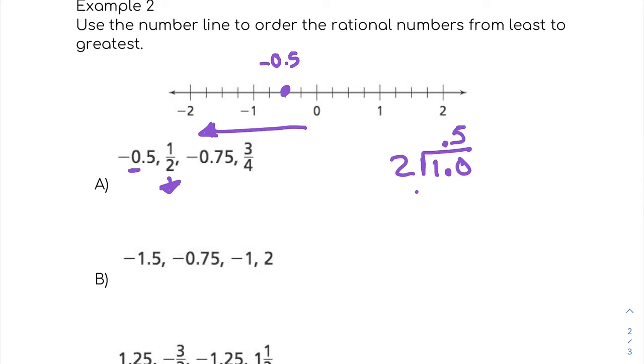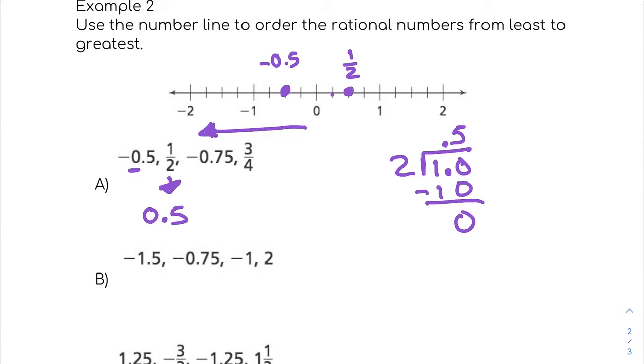Which is 5 times with nothing left over. So my decimal there is 0.5. And we already know from our negative 0.5 that it's going to be halfway in between 0 and 1. So I'm going to go ahead and find my second tick mark, 1, 2, for 1/2.